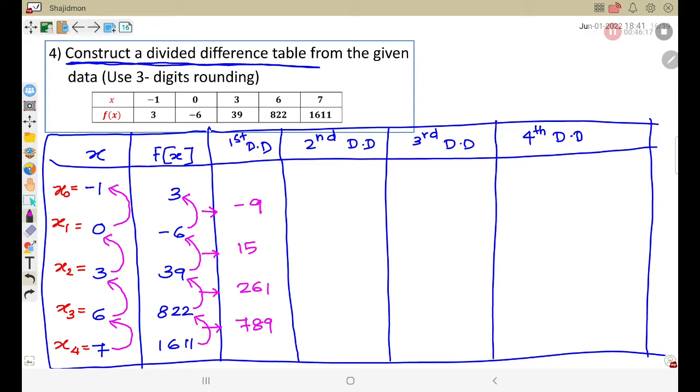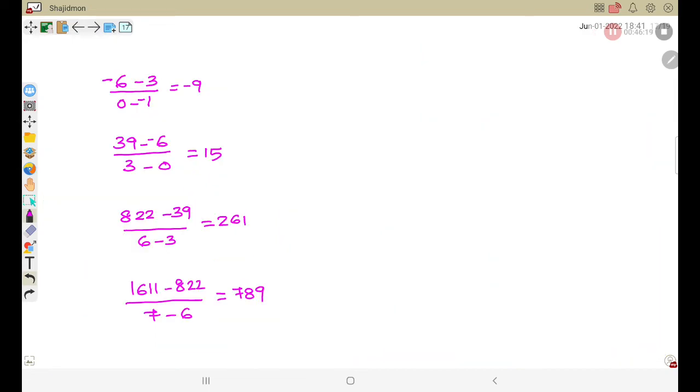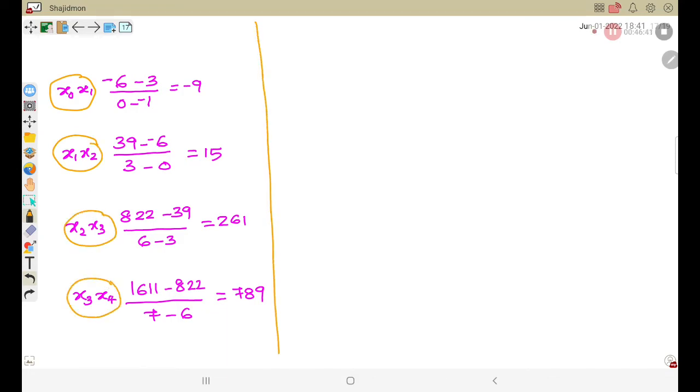How many numbers are we taking at a time? 2 numbers, correct. First x0 comma x1, then x1 comma x2, then x2 comma x3, then x3 comma x4. Two numbers at a time. Keep in mind: x0 x1, x1 x2, x2 x3, x3 x4. This is the first table, correct.